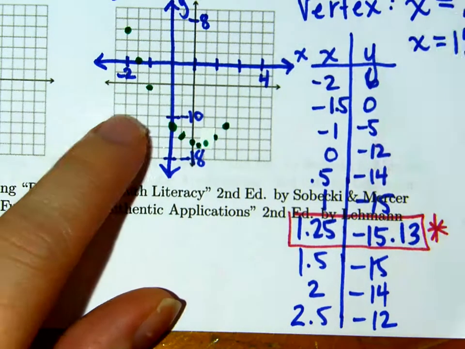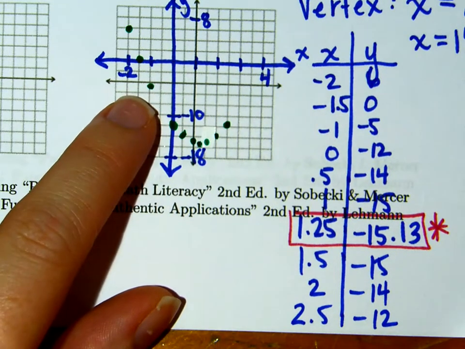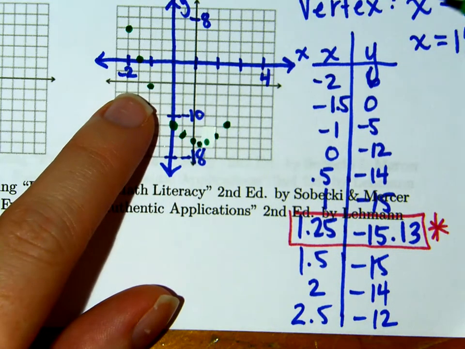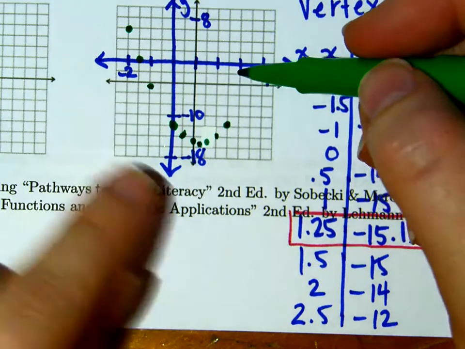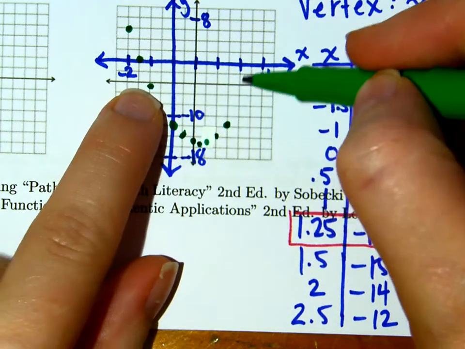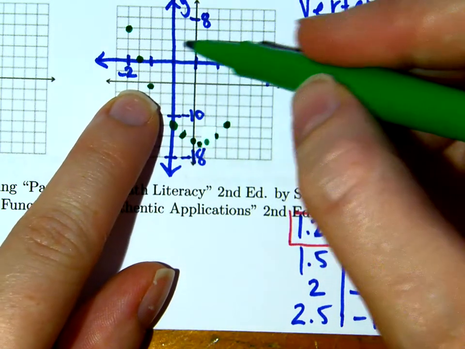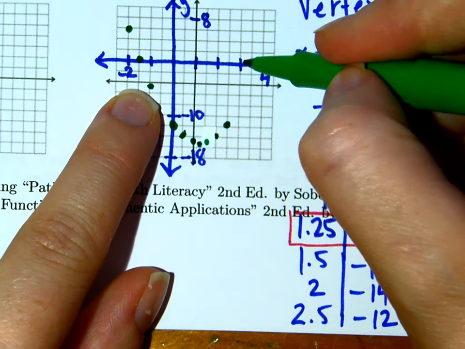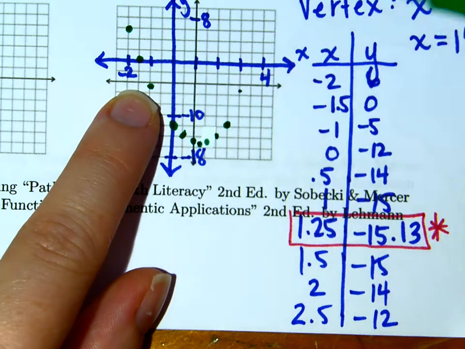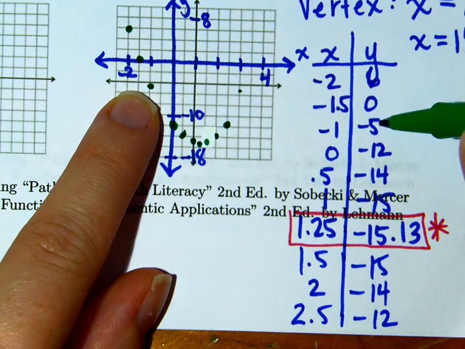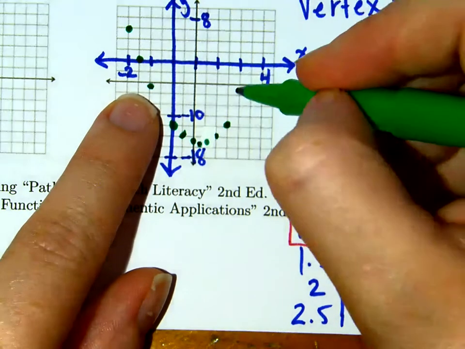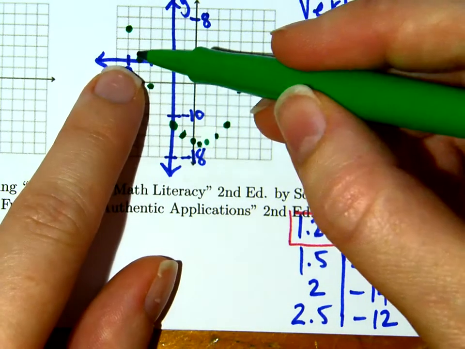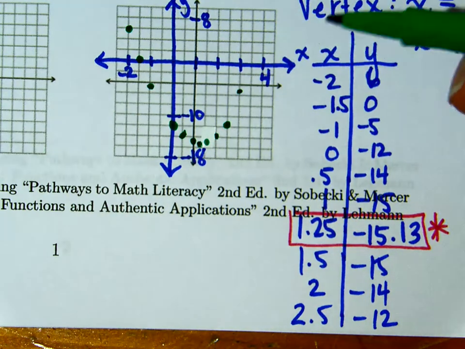And let's see if we can work with this on the symmetry front here. So we have this one symmetrically, and then this one. So that was -1, -5. Okay. And then, let's see, that one's symmetrically.